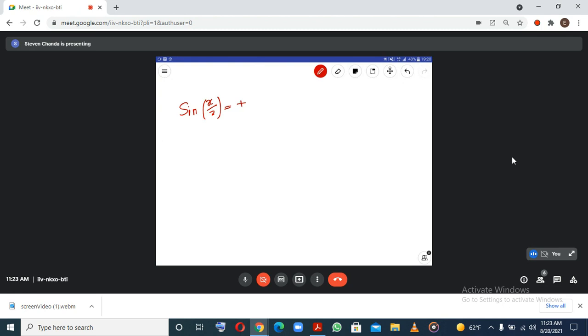Please, that point is very, very important, especially for those other questions that we'll be doing where you have to build on this to find other answers as well. So what we are going to do, we know that this is quadrant 1, so sine 15 is plus.